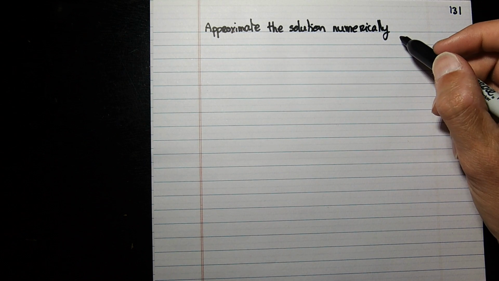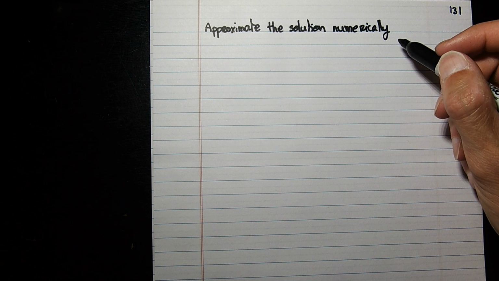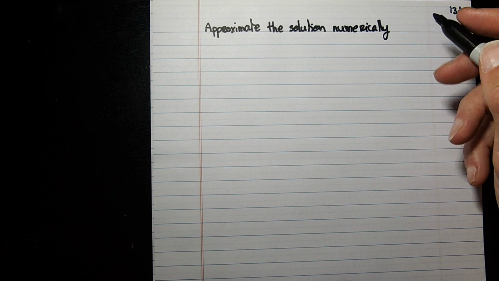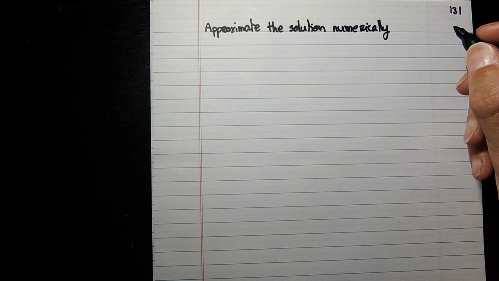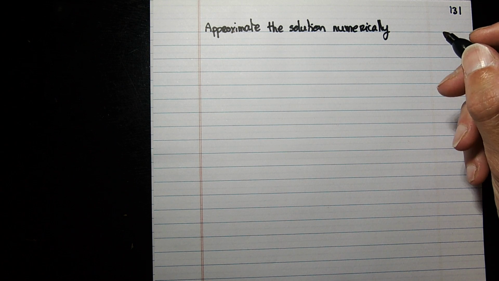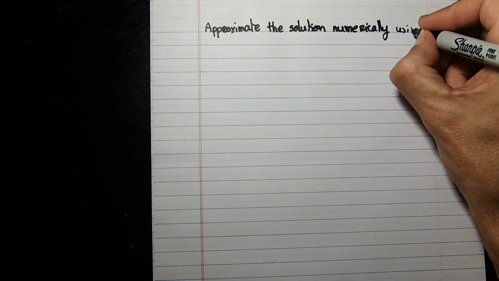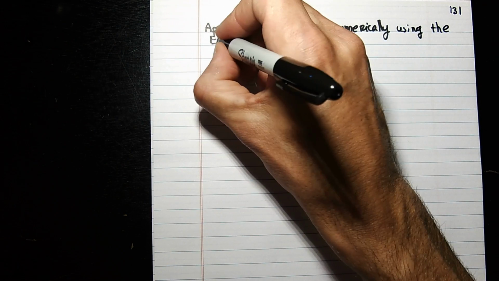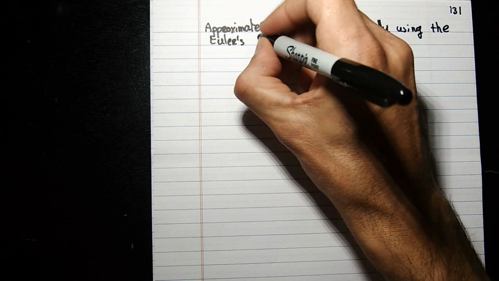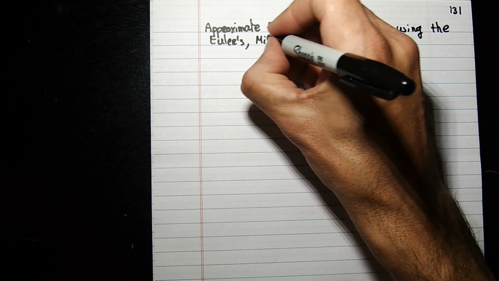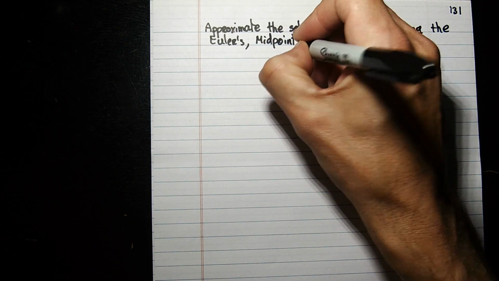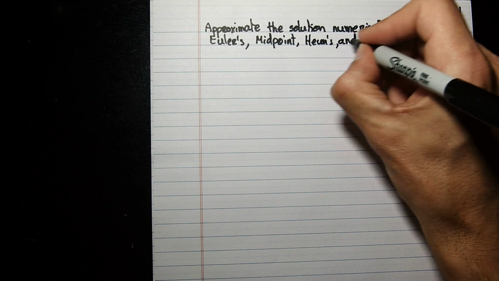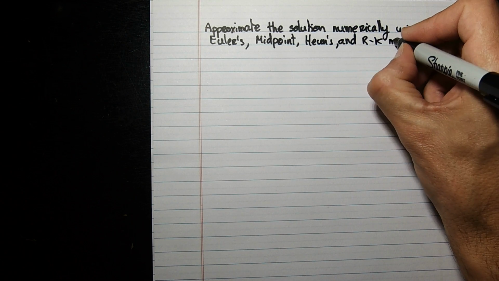Basically it means using Euler's method, the midpoint method, Heun's method, and the Runge-Kutta method.